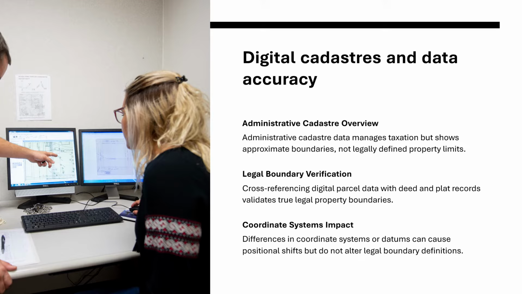Remember our example in Lecture 9, where we discussed how digital lines can misrepresent the true boundary if they're not based on field evidence? Well, this is where your courthouse records come in. By cross-referencing the digital parcels with the deed and plat, you're validating what the CAD shows against the legal record, a process we might call digital ground truthing.